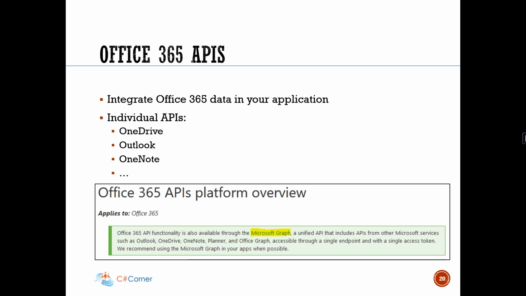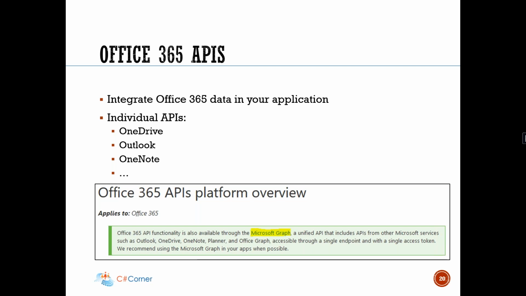So if you want to integrate your data of Office 365 into your application, it may be your web app, it may be your mobile app or anything, then Microsoft already had that option of Office 365 APIs, but those were individual APIs. So for OneDrive, there was a separate API. For Outlook, for OneNote, for everything, Microsoft had independent teams developing independent APIs. So that was the scenario until a few years ago.